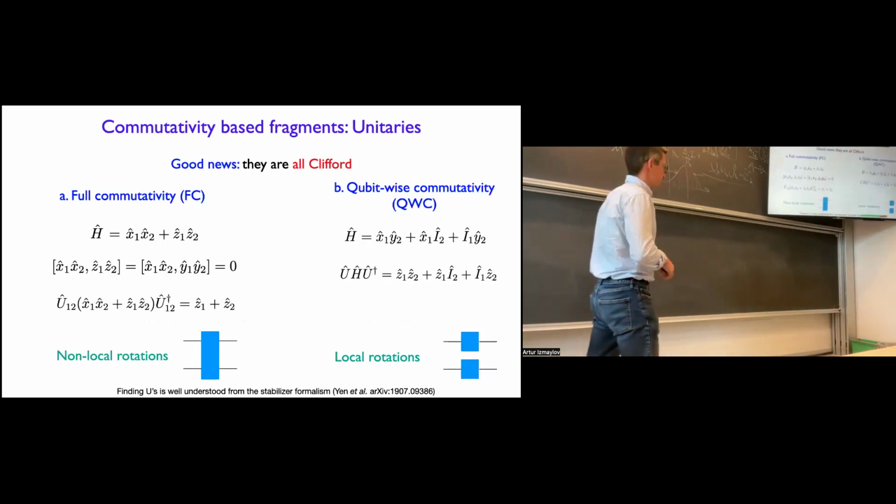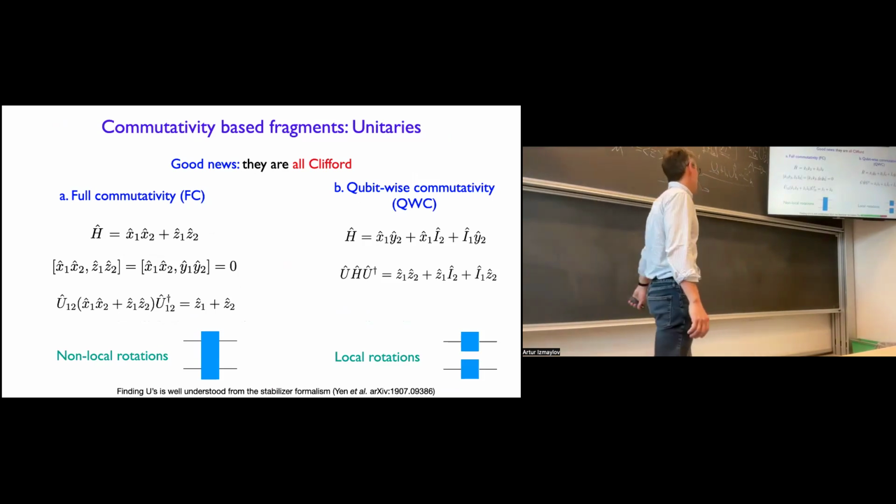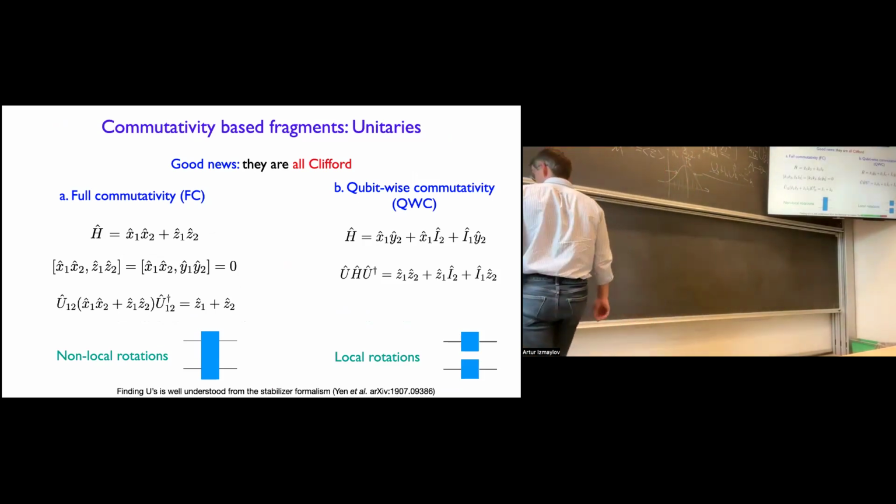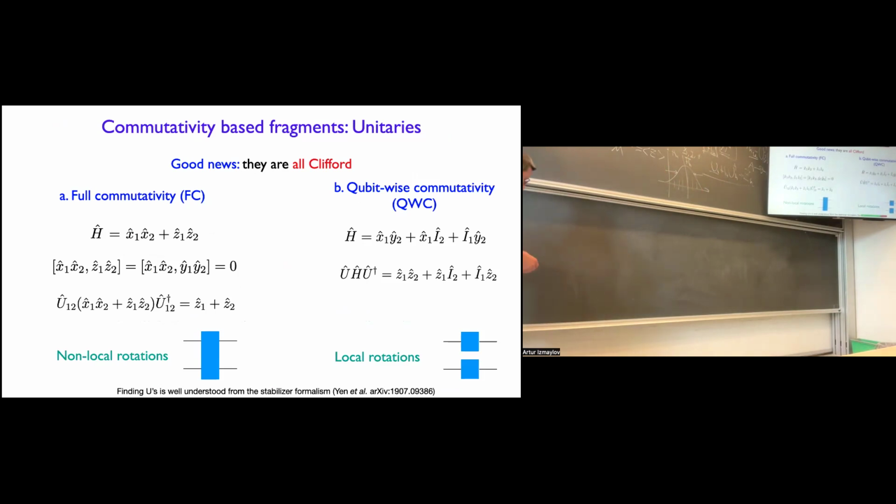And then actually, when it comes to commutativity, there are two ways to define it. Well, there is a normal way, which sometimes is called full commutativity, just to separate it from the other way. The motivation will be clear in a moment.